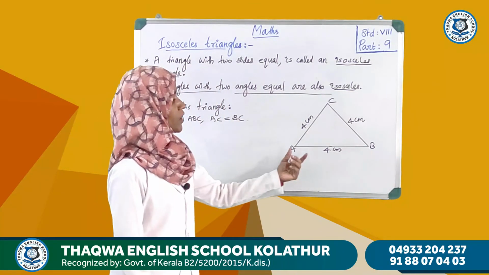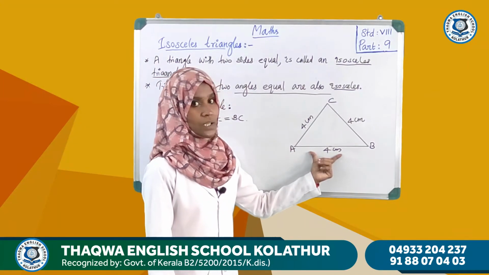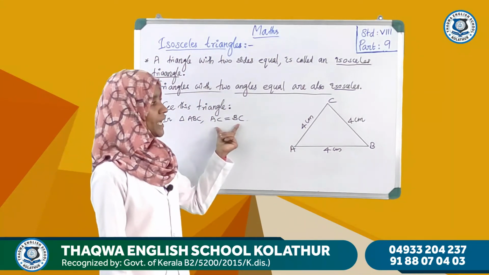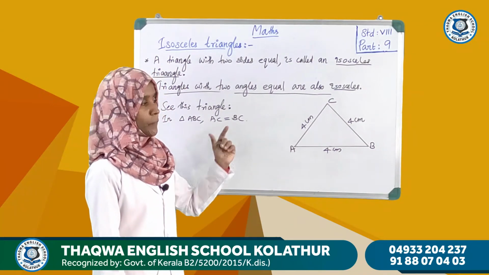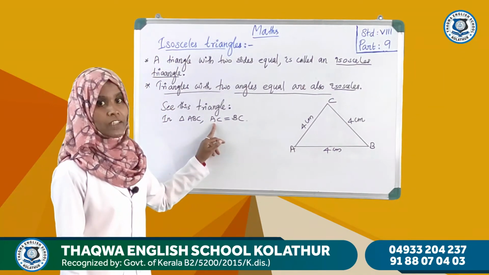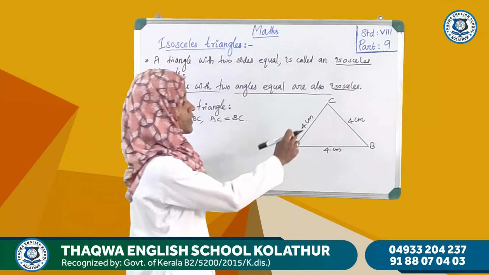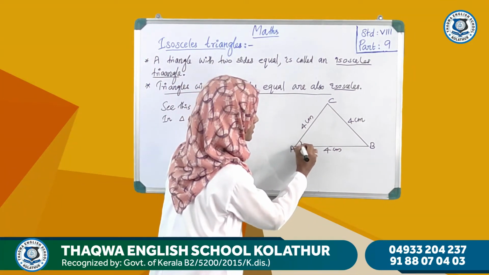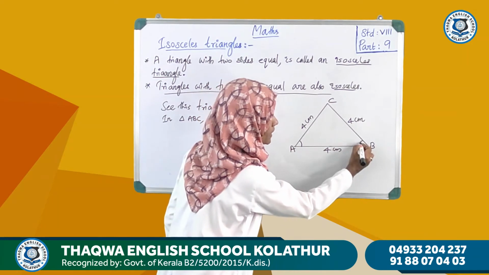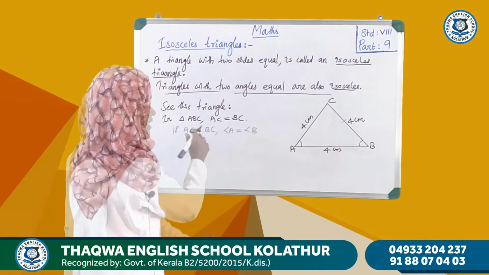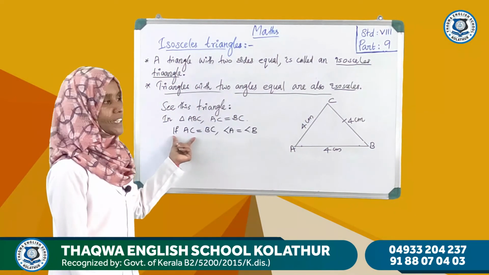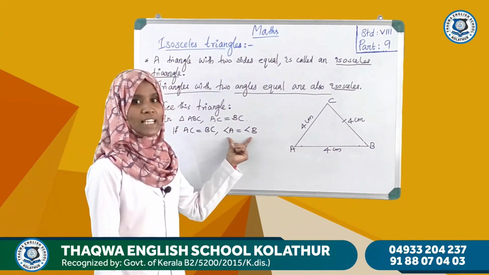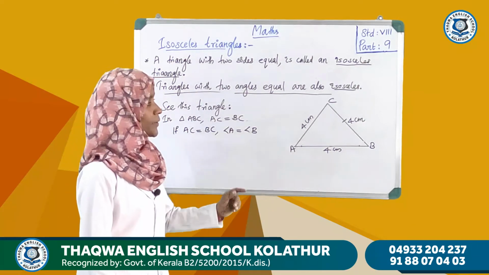Now listen, this triangle ABC. First, in triangle ABC, AC equals BC. Let us take AC and BC. Now what do we get? Angle A equals angle B. If AC equals BC, we can write angle A equals angle B. Why?